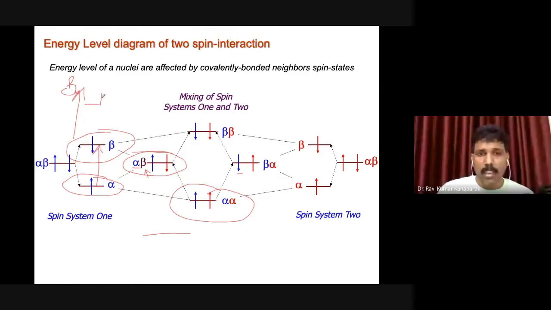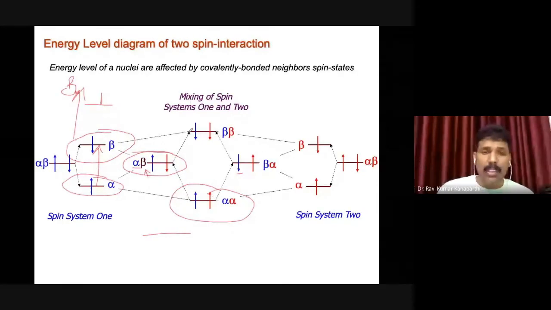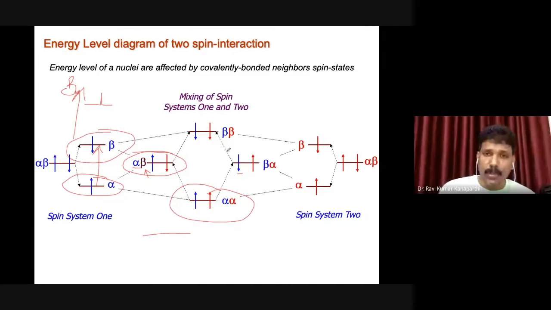But here, how many energy states are there? This is one energy state, and this is another state. The transitions are alpha alpha to beta alpha, alpha alpha to alpha beta, beta alpha to beta beta, and alpha beta to beta beta. So these four transitions are possible, and as a result, what we get is splitting.